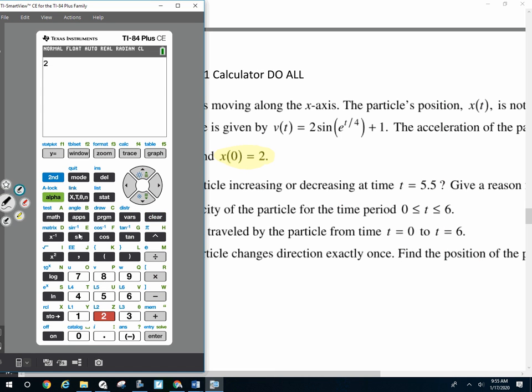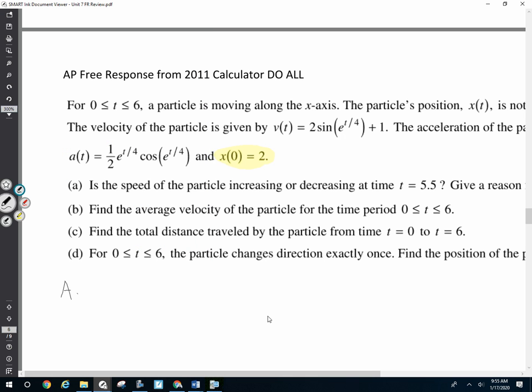So you just need to sign. e to the 5.5 divided by 4, close that, plus 1. So V of 5.5 is negative. Let's find A of 5.5.